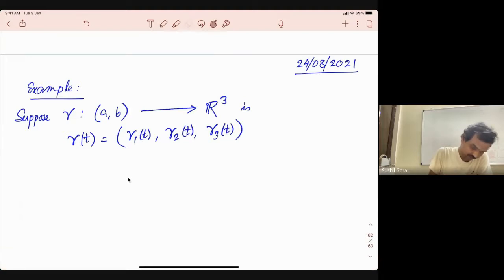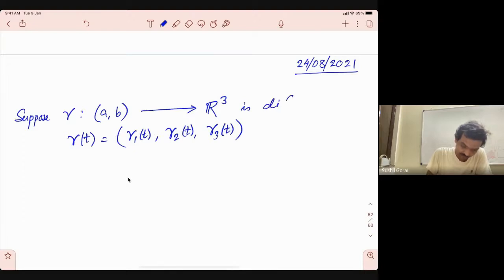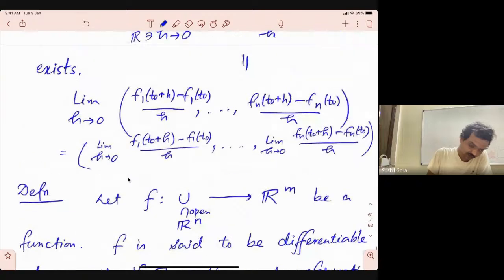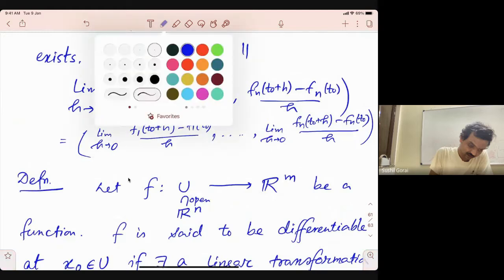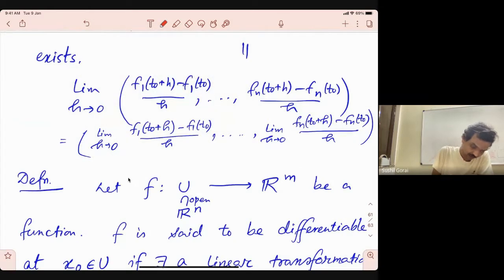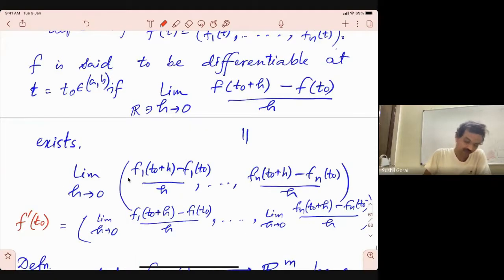Before the example, let me discuss a little bit here. This has three components: gamma 1, gamma 2, and gamma 3, and assume gamma is differentiable. Then this limit, one calls f prime t naught, as we did in real variable.